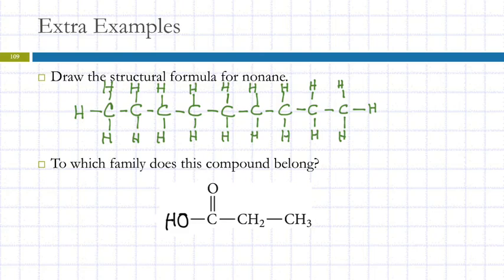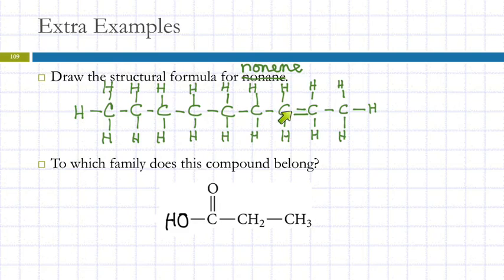So you should be able to draw any of the alkanes, alkenes, or alkynes. Now, if this was nonene, let's make this nonene. What does changing the A to the E do? We need a double bond. For Chem 1A, drawing this, I don't care where you put the double bond. In OChem, we care a great deal. Here, we don't care. Put the double bond somewhere. So let's make a double bond right there.